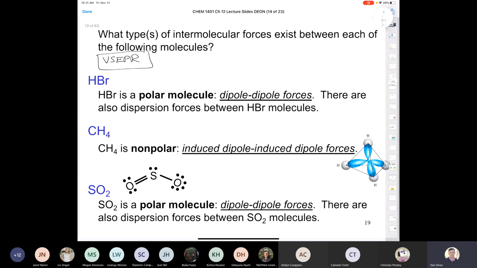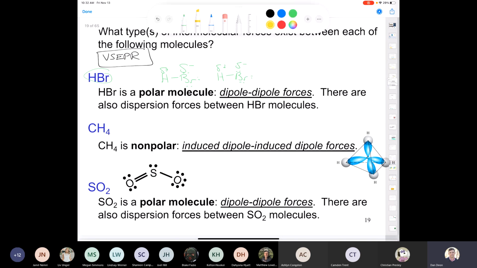If we look at HBr, we already looked at HCl, and we said that HBr, like HCl, is a polar molecule, right? There's a permanent dipole because bromine is more electronegative than hydrogen. And so if I have 2 molecules of HBr, a delta minus and a delta plus, they're permanent dipoles, right? And so they're going to be attracted to each other, the delta plus and the delta minus.